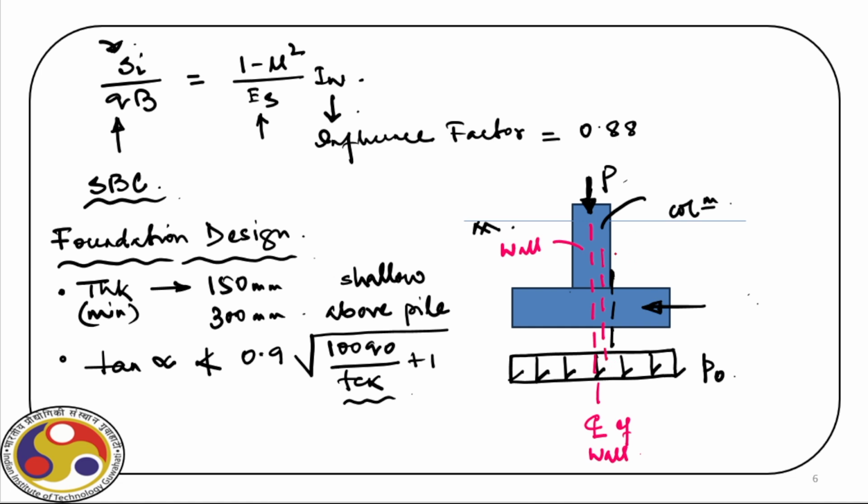So this is the critical section for wall design, while the face of the column is the critical section for column.